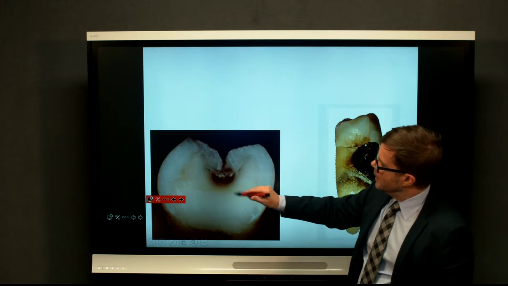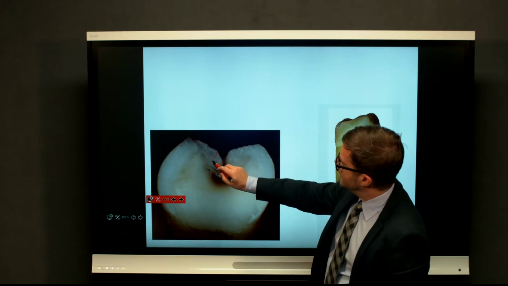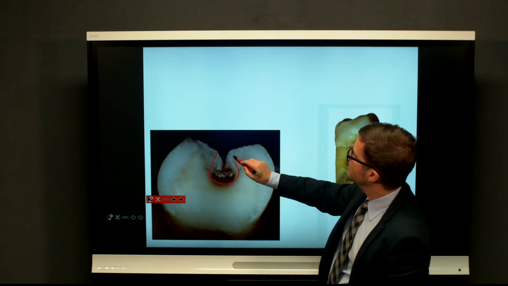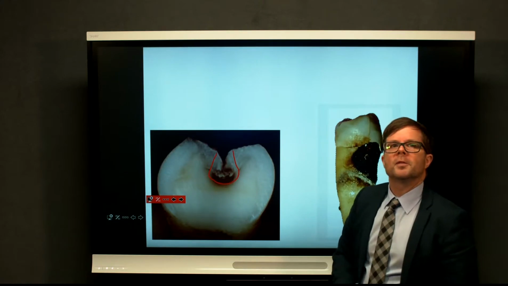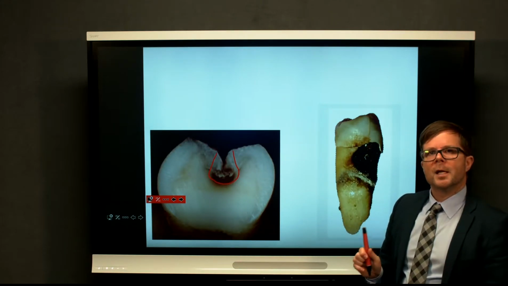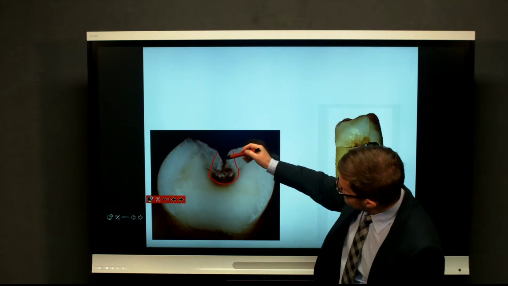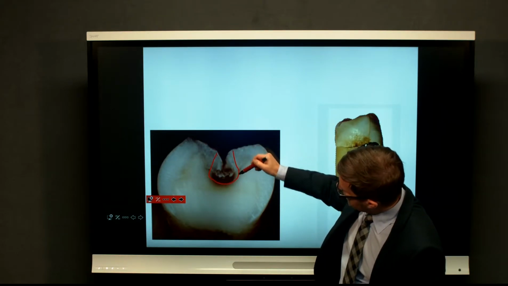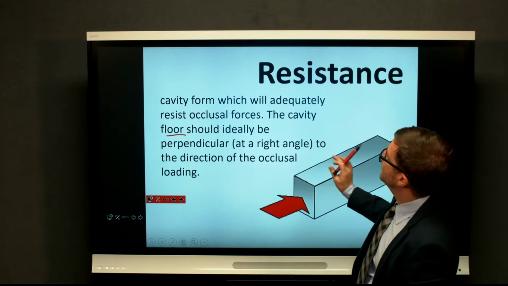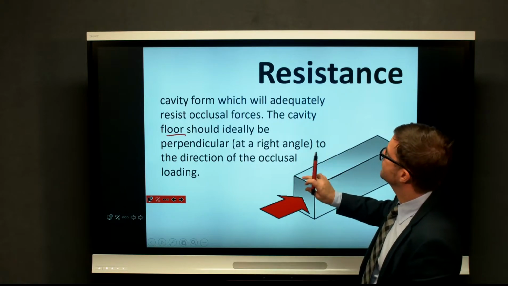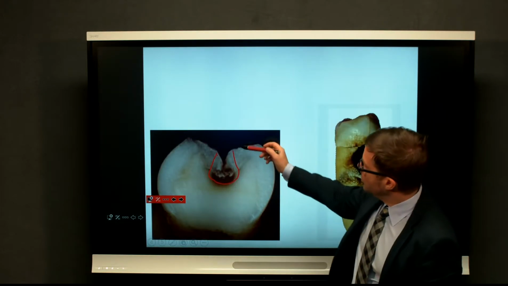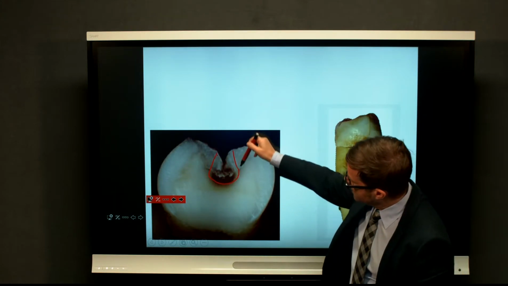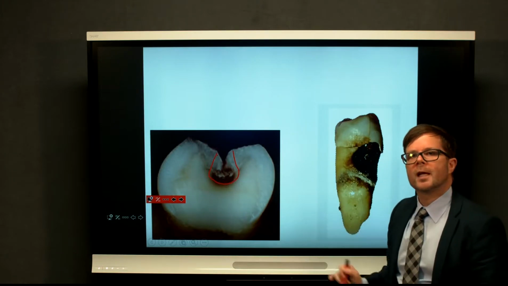So if we wanted to create the ideal cavity here, we're removing necrotic tissue, we're removing unsupported enamel, we would end up with this type of form. So we've got walls of the cavity which are sort of at right angles, if we had straight lines, to the floor of the cavity.